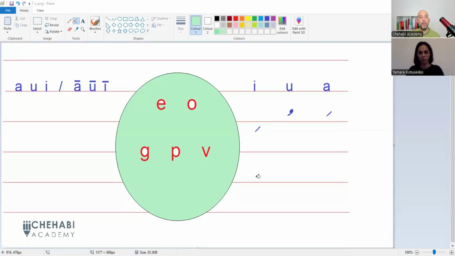As you see here, all the letters inside the circle are not there in Arabic, which are the vowels A, like for example, red, set, and O, and the letters like G, but not the G sound, like green, P, like pencil, and V, like voice or cave. These are not there in Arabic. The question is, how can we write names of some cities or names of persons having these letters? This is what we're going to experience today.